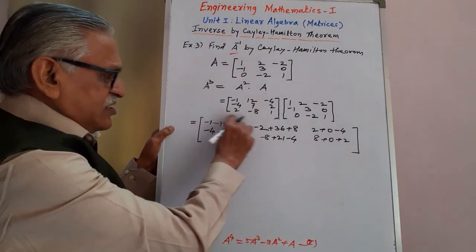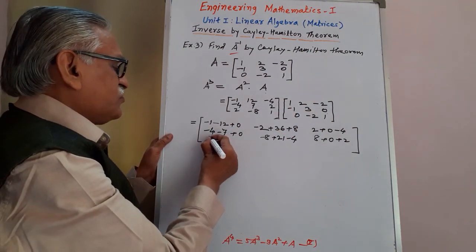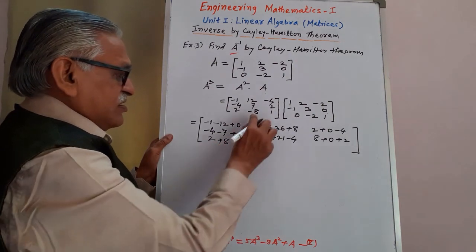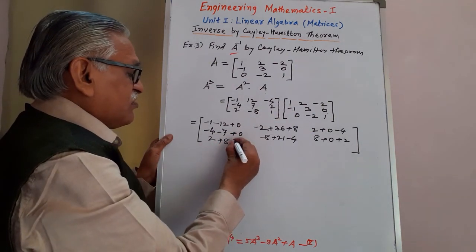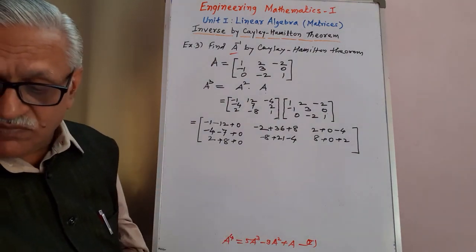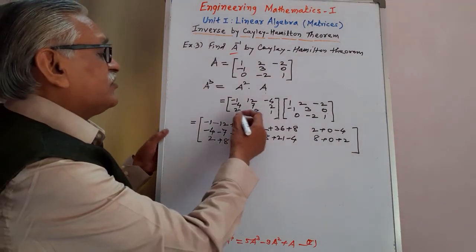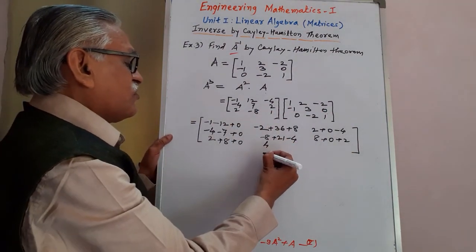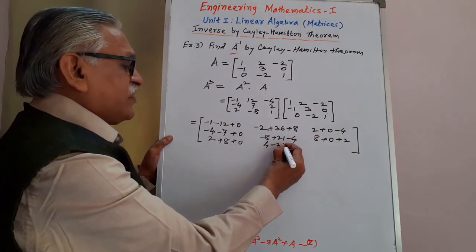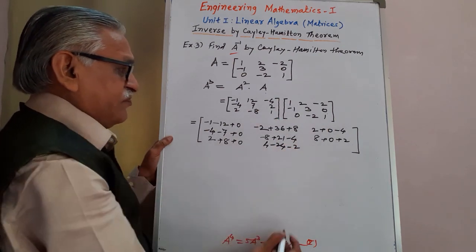Okay. Third row by all columns. First column: 2 into 1 is 2, plus 8 and 0. Then 2 into 4, minus 24 and minus 2.